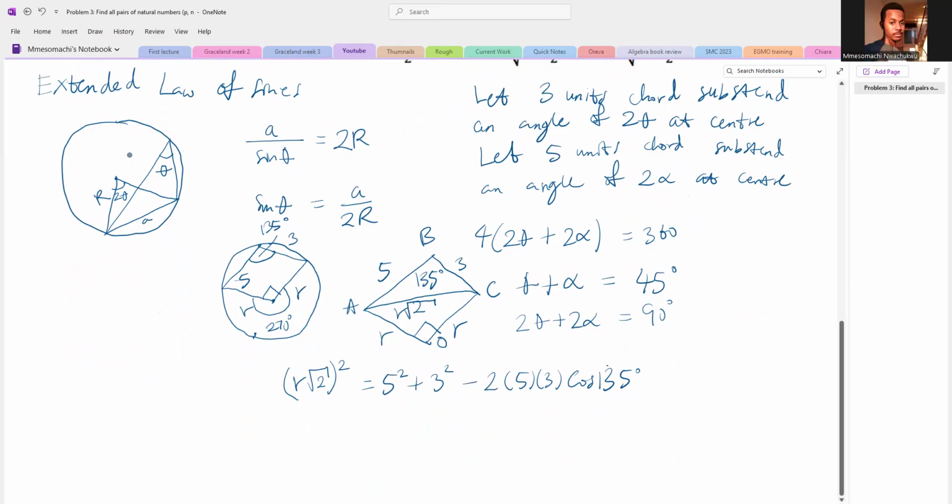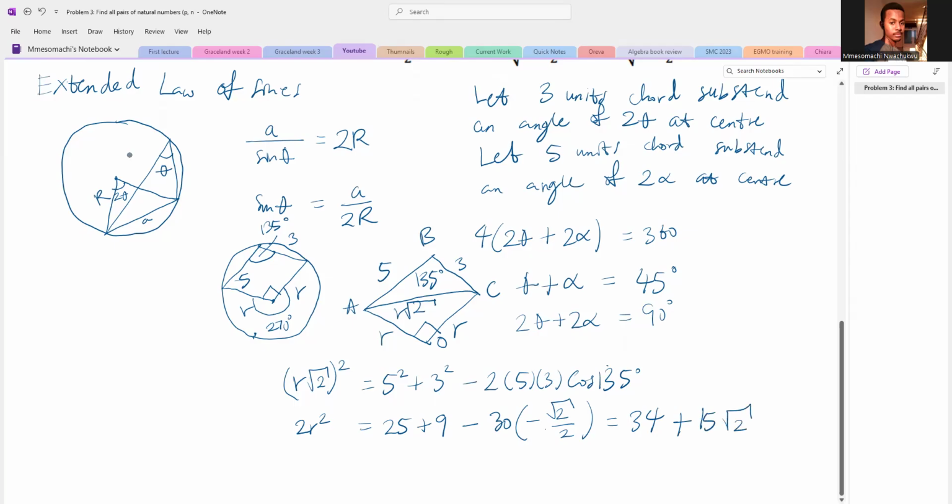R root 2 squared is 2R squared. 5 squared is 25, and 3 squared is 9. Minus 2 times 5 times 3, that is 30. Cosine 135 degrees is negative cosine 45 degrees, which is negative 1 over root 2, so I'll just put root 2 over 2. This is equal to 25 plus 9 is 34, and then minus 15 times negative root 2, so this will be plus 15 root 2.